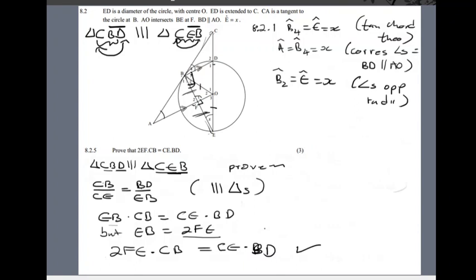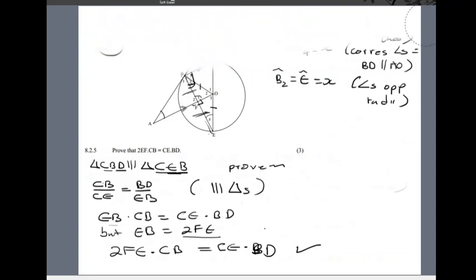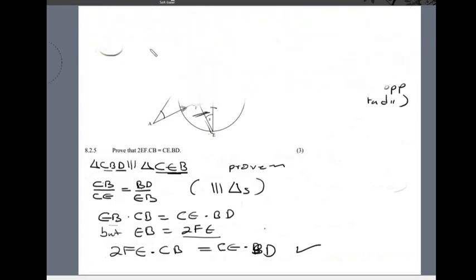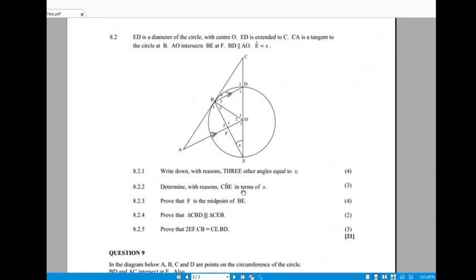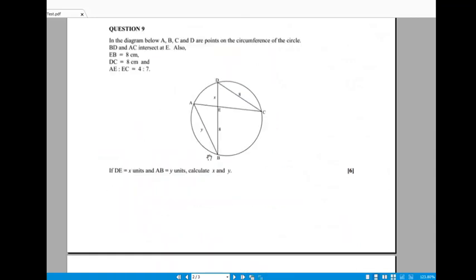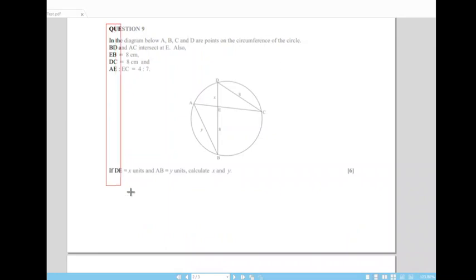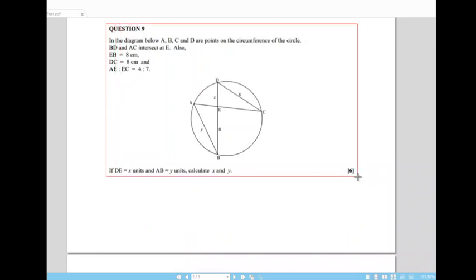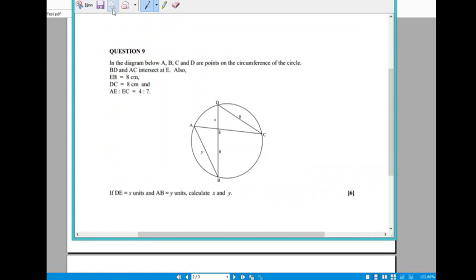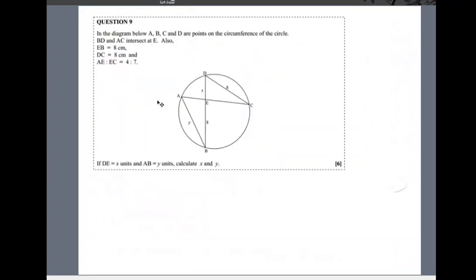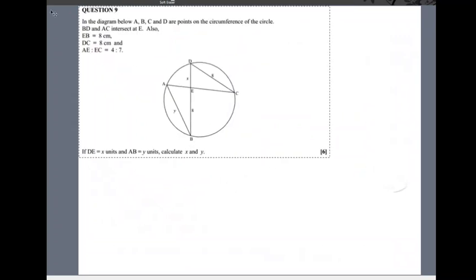Okay, so now we'll go to question 9. Question 9, most of you got it wrong. I mean, most of you tried to apply the Theorem of Pythagoras, and I don't know why we apply the Theorem of Pythagoras if you don't have a right-angled triangle, right? So the Theorem of Pythagoras only applies if you have a right-angled triangle, okay?